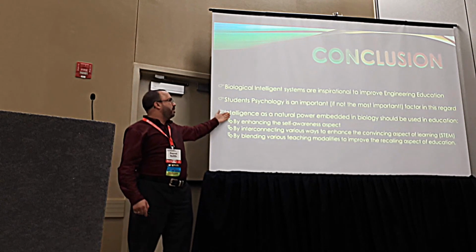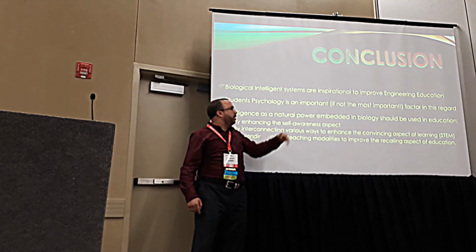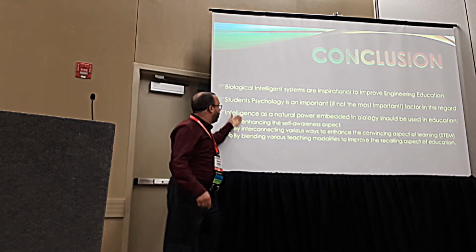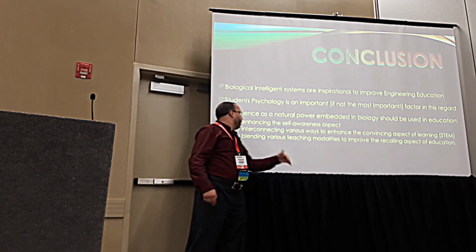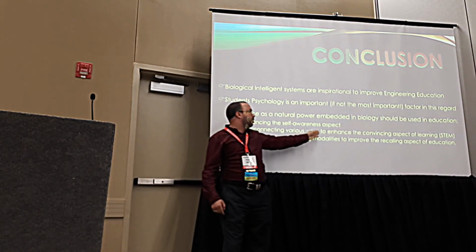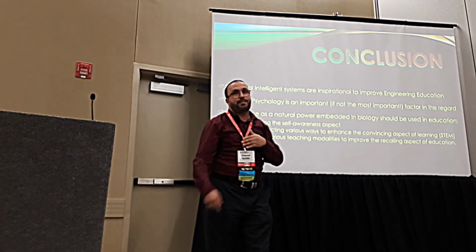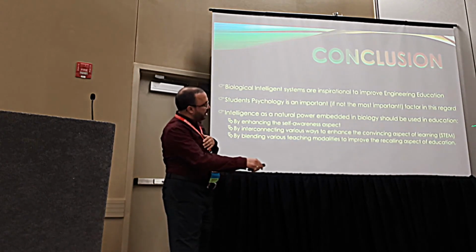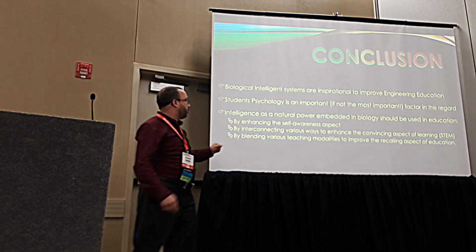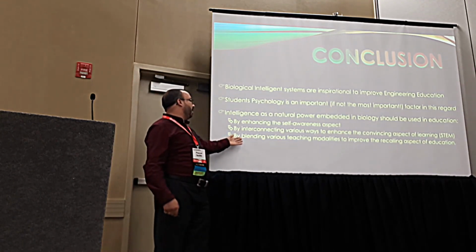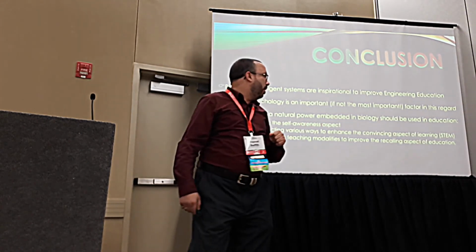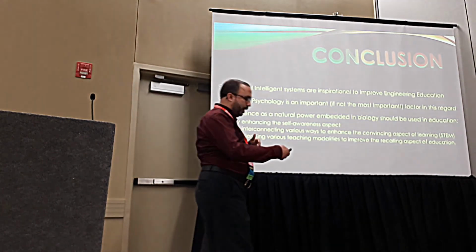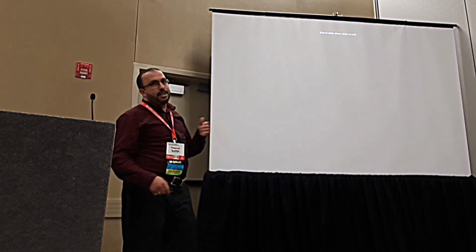The intelligence, as a natural power embedded in biology, should be used in education in the following aspects: by enhancing the self-awareness of the students, by interconnecting various ways to enhance the convincing aspect of learning, basically using STEM and different approaches to teach a concept, and finally by blending the various teaching modalities, like digital, YouTube for example, and in-class interaction. And that's it. Thank you very much for your attention.